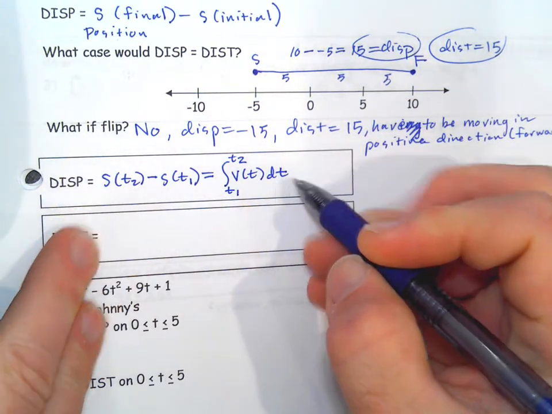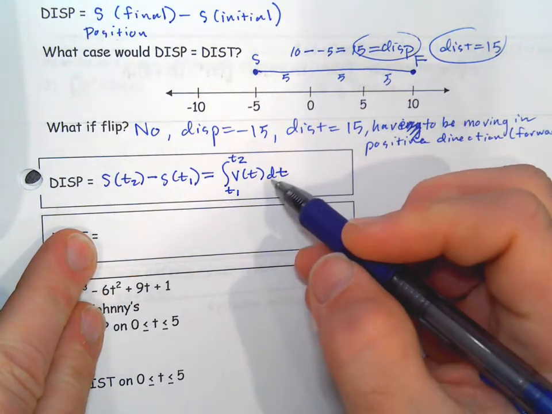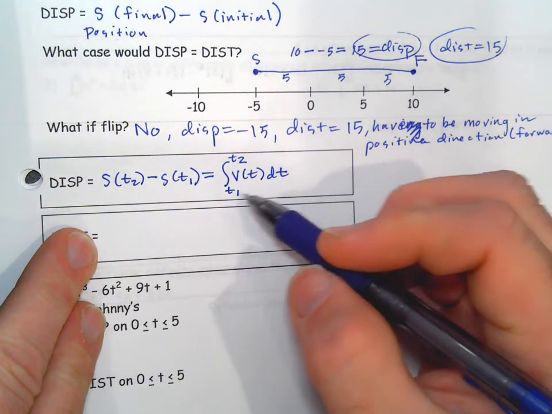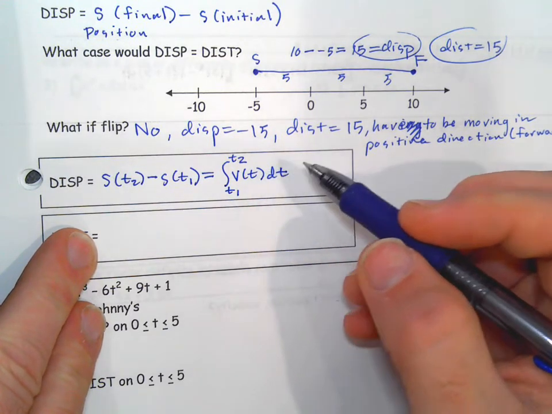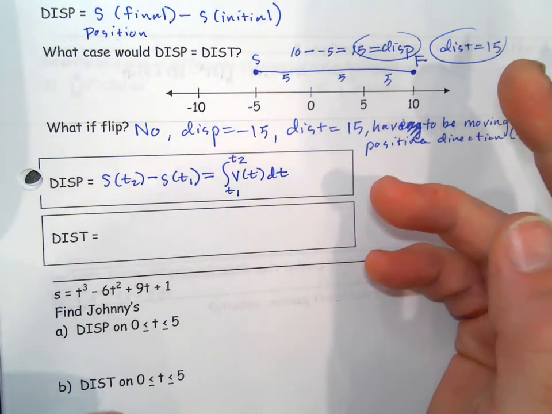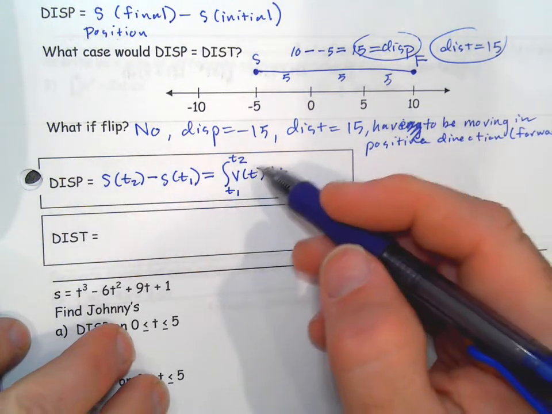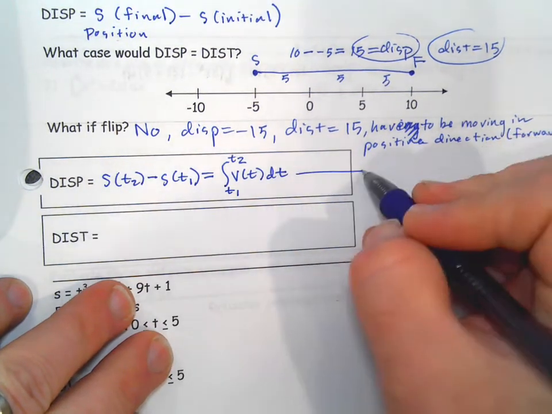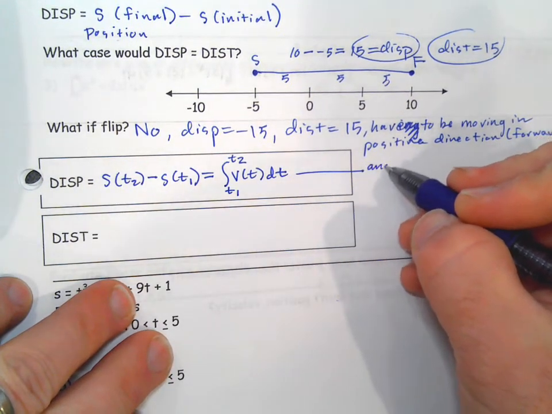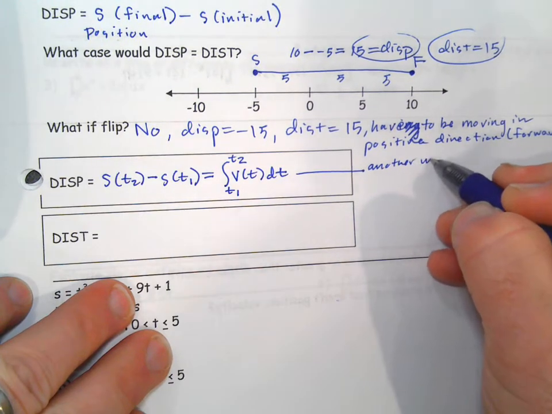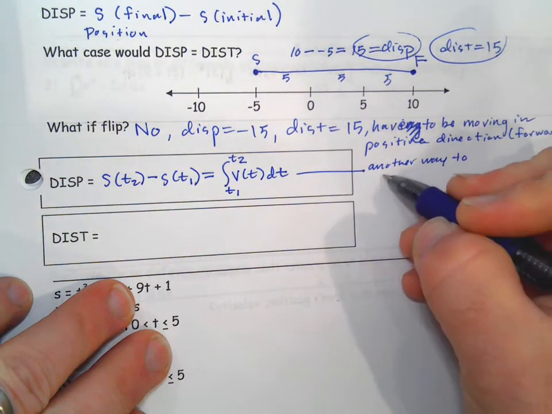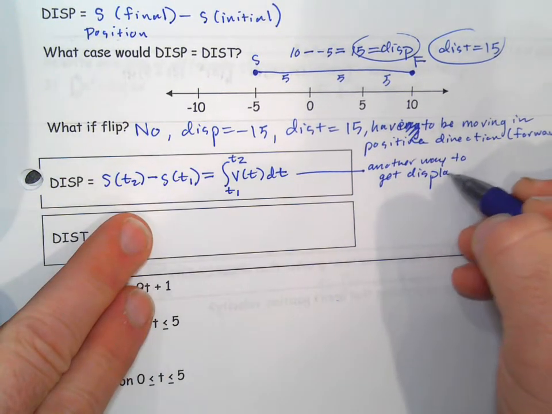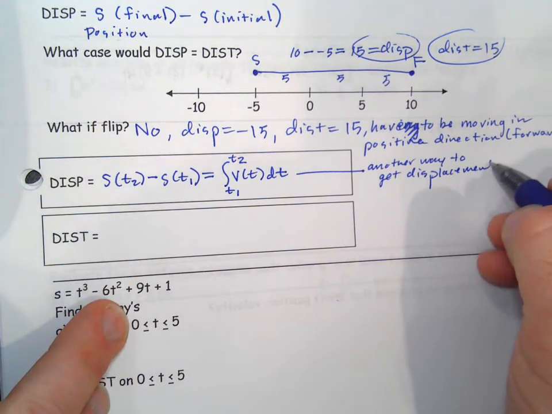So another way of finding displacement is by integrating the velocity, which is the accumulation of all the changes. Displacement is really the total change in the end. If you integrate the derivative of position, velocity, you get the total change. So this is just another way to get displacement. Now, if you can simply plug the numbers in, that's a lot easier.